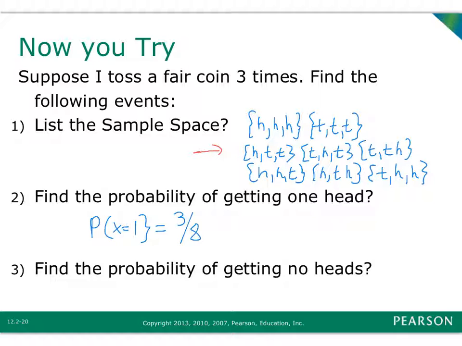Then it says find the probability of getting no heads. Well, that is just tails, tails, tails. So the probability that x equals 0 is equal to 1 over 8. Why? Because we only have one possibility of tails, tails, tails.